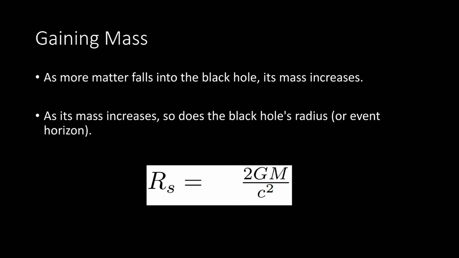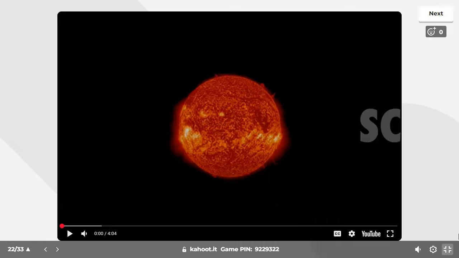So if I increase the mass on the right-hand side of the equation, I have to increase the radius on the left side of the equation, because everything else on the right side of the equation is just a constant. So the more mass you put into your black hole, the bigger it's going to get. But now let's learn a little bit about quantum mechanics to see how maybe our black hole could lose mass.